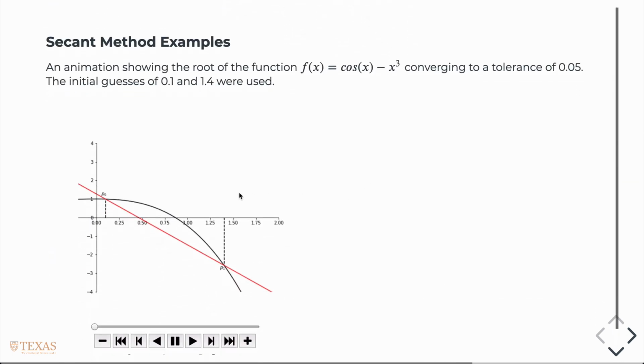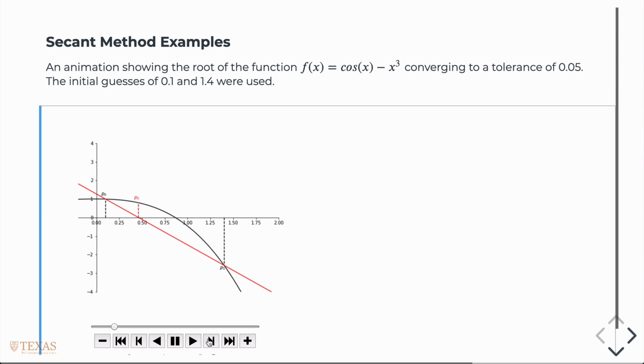And so with that, we have to have two initial guesses so that we can basically approximate the derivative, in this case the red line, the tangent line. And what we'll do is use this tangent line again to algebraically compute the new guess.